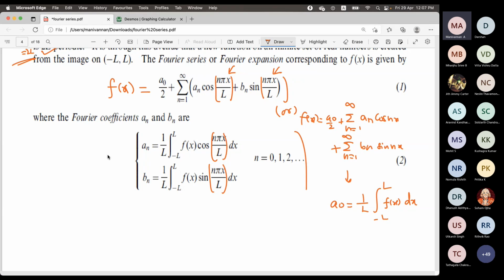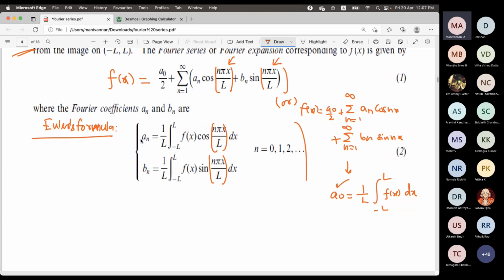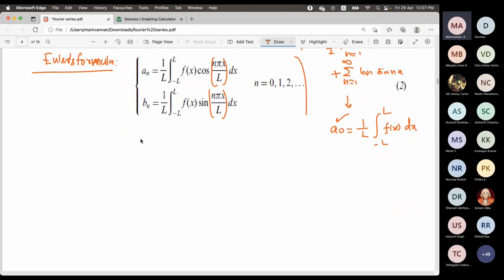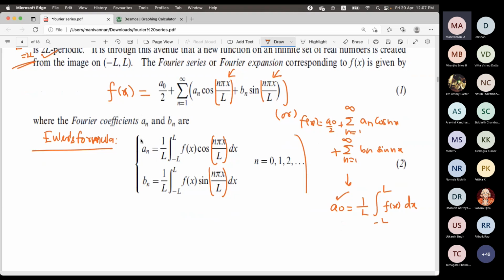Yes, sir. This formula for the Fourier coefficients is nothing but Euler's formula. Computing these coefficients by these formulas gives the Fourier coefficients. Is it clear how we write the Fourier series?